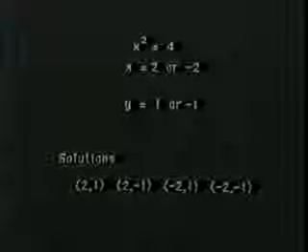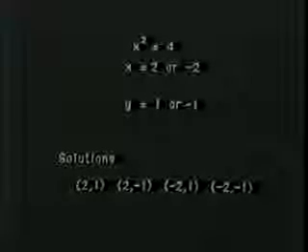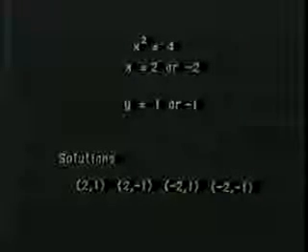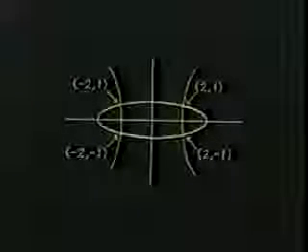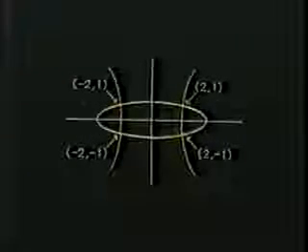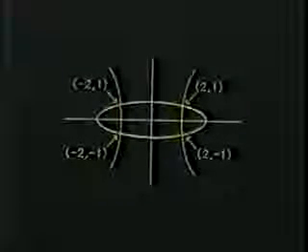Now we've got 2 values for x and 2 values for y. We can combine them to form the 4 points we were expecting. We take each of the 2 values for x together with each of the 2 values for y to find the 4 intersection points.